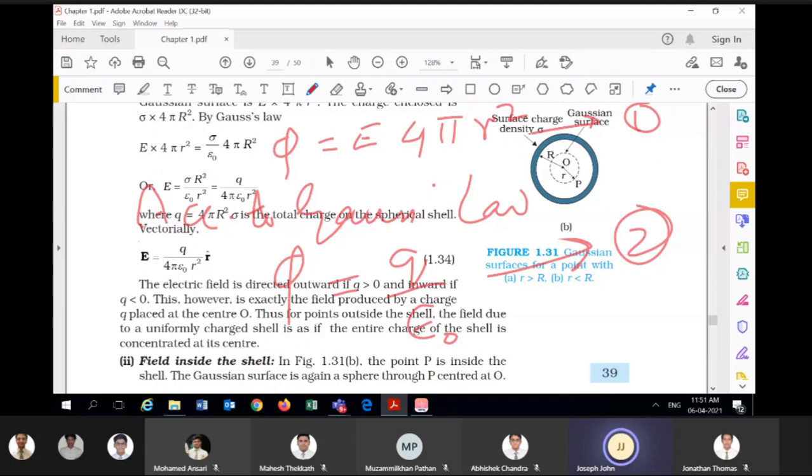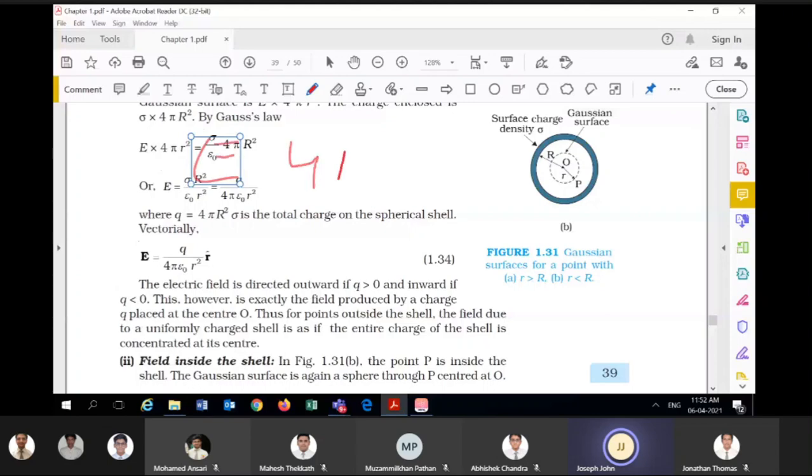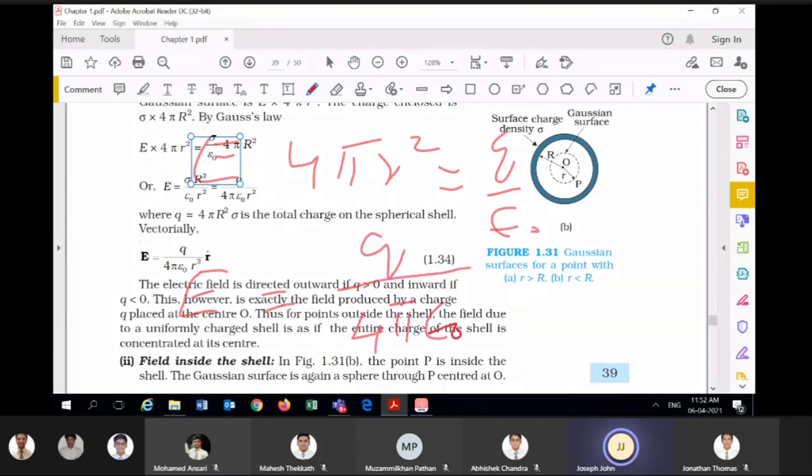From 1 and 2, you can write E into 4 pi r squared is equal to Q by epsilon naught. Therefore, E is equal to the same formula, Q by 4 pi epsilon 0 r squared.